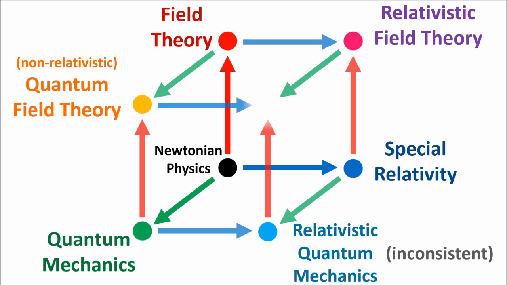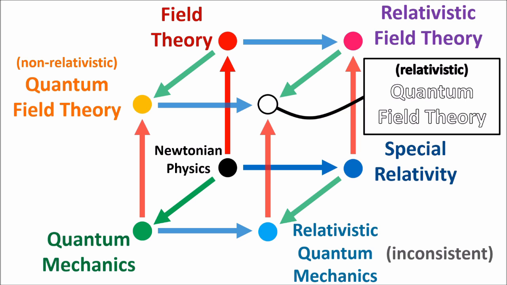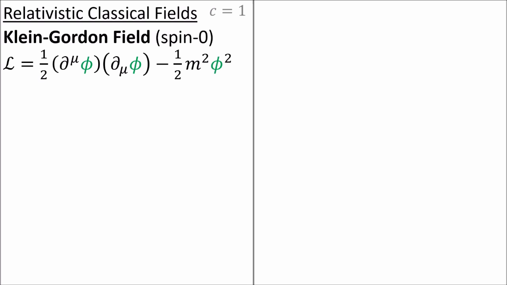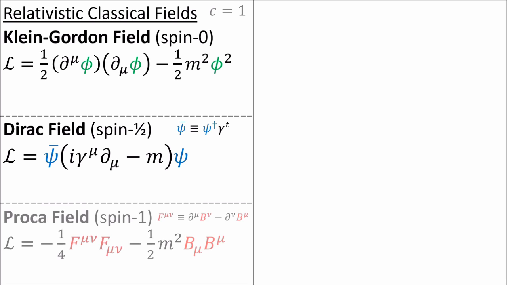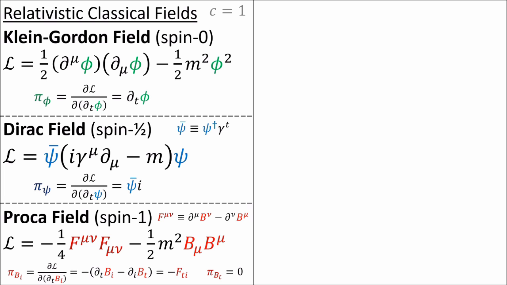Now let's bring all of this together into relativistic quantum field theory, which most people just call quantum field theory. We've already learned about several relativistic classical field equations: the Klein-Gordon equation for scalar fields, the Dirac equation for spinor fields, and the Proca equation for vector fields. We can also calculate the field momentum density for each of these fields using the usual formula.